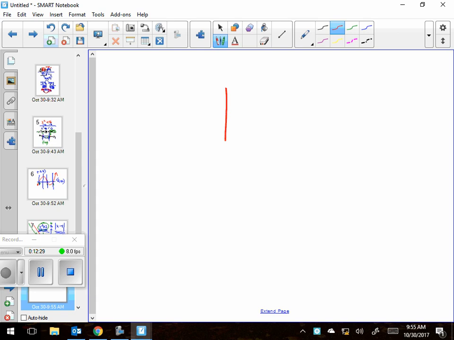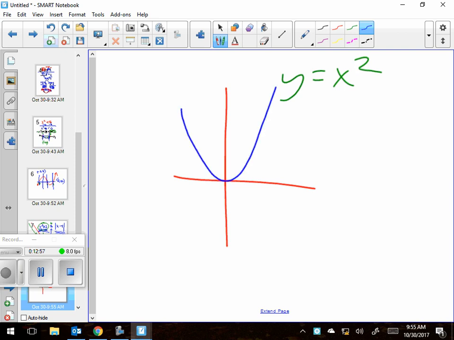I need to give you another one that's even simpler, because I'm seeing a lot of confused faces. How about this? y equals x squared. Make a quick sketch of that. Okay, got that?